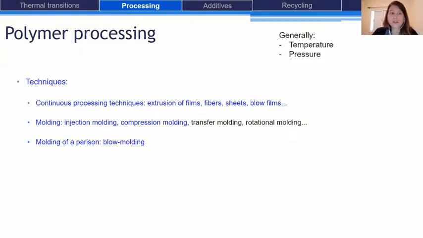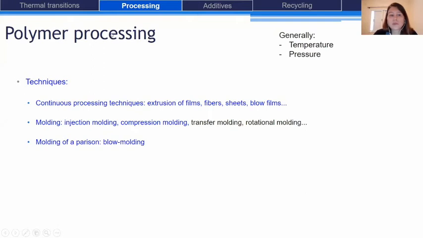So there are different techniques for polymer processing, like continuous processing techniques. The most common is extrusion, to fabricate films, fibers, sheets, blown films. Then we have molding techniques such as injection molding, compression molding, transfer molding, rotational molding, and so on.